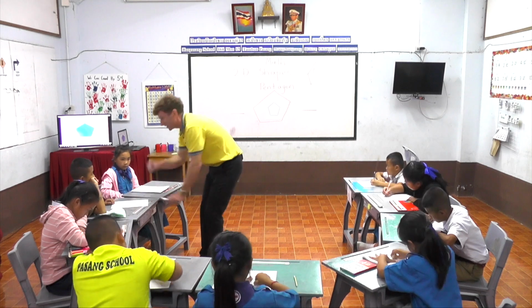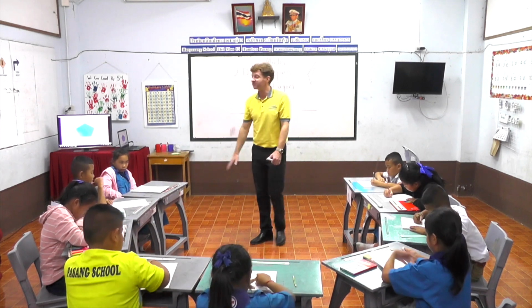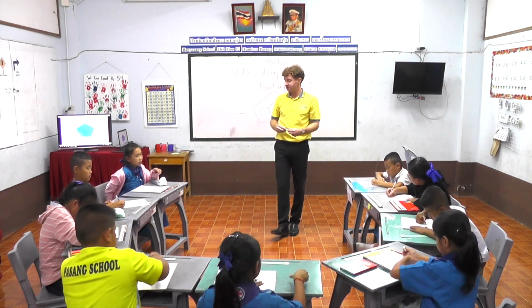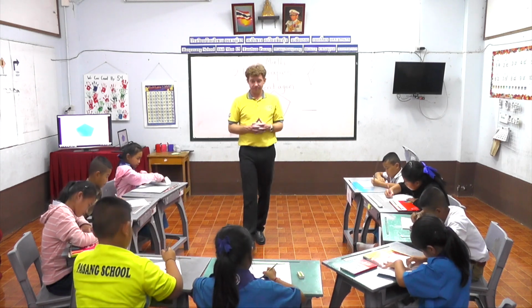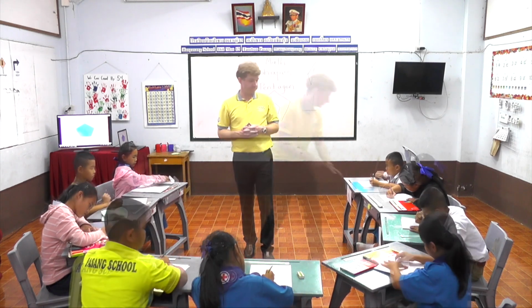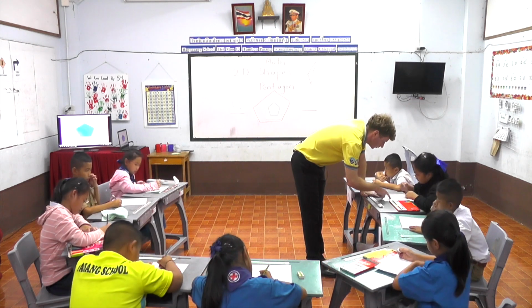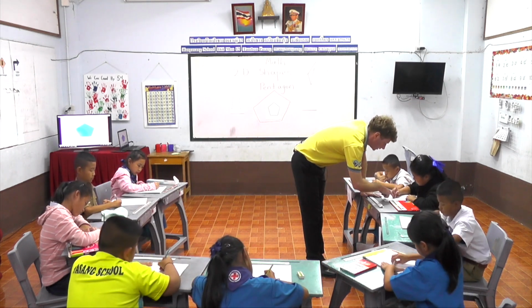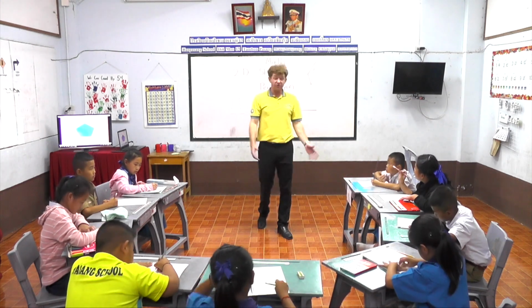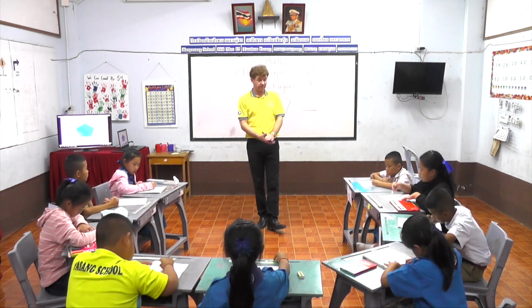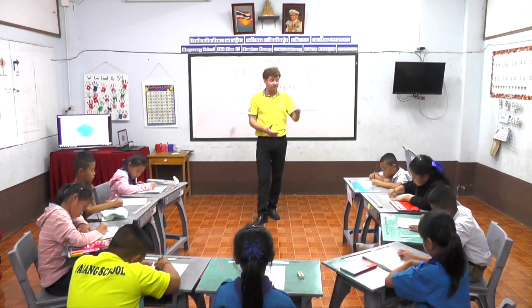Needs one more side. Pentagon has 5 sides. 1, 2, 3, 4, and then here, 5. Perfect. That's a pentagon. You see, pentagons can look different. They just all need to have 5 sides.